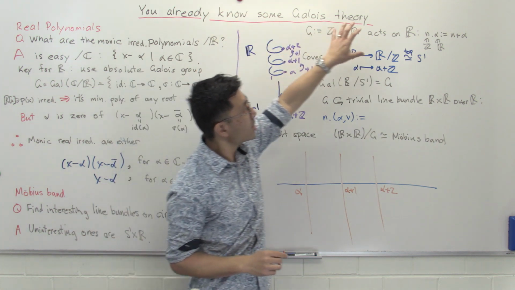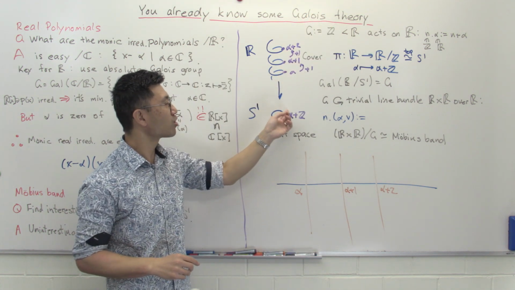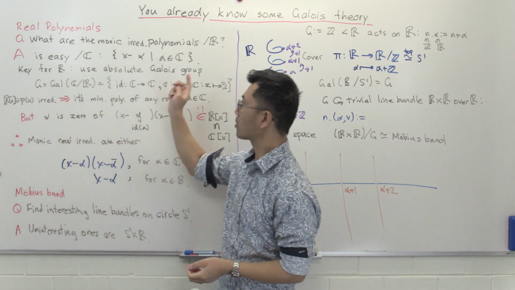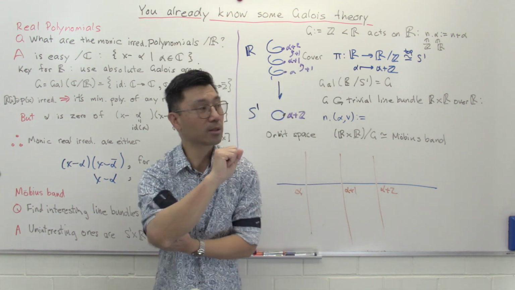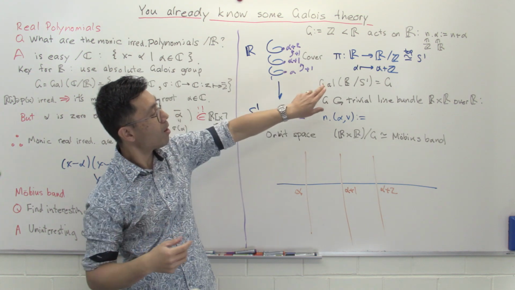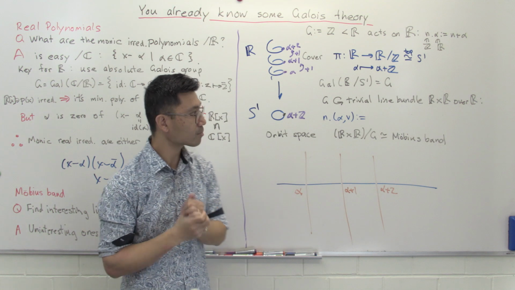So this group acts trivially on this S1, just as the conjugation acts trivially on R here. Okay, so that's the analogy that you see. So the Galois group of R over S1 turns out to be this Z, which is our G here.